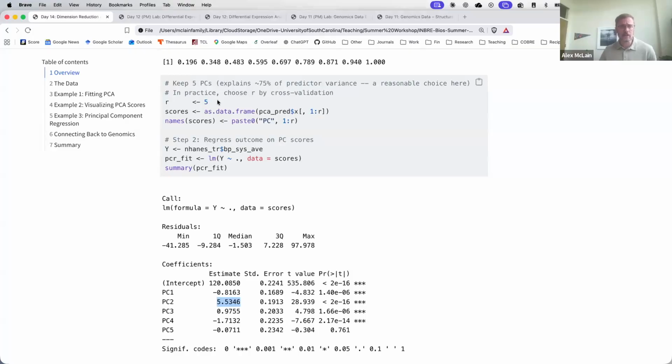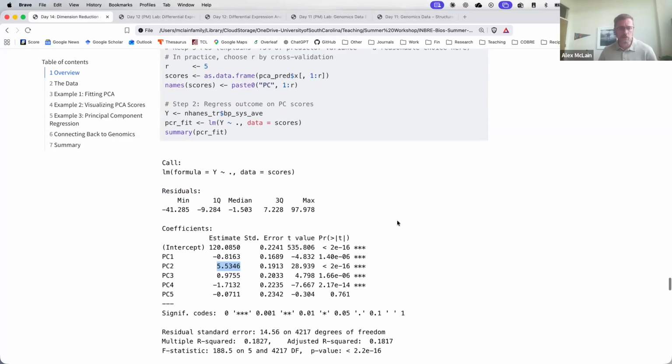There's nothing to say that it isn't. So I'm trying to accentuate the fact that the principal components we get aren't necessarily related to our outcome in any particular way. We didn't tell the principal component analysis about systolic blood pressure. We just gave it the data and said summarize it.